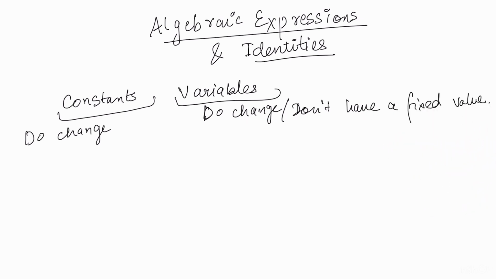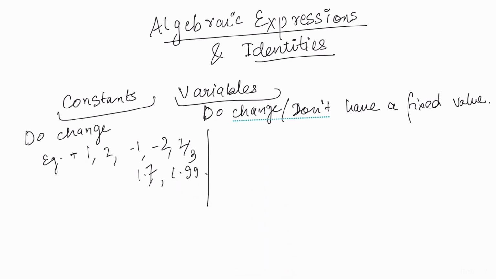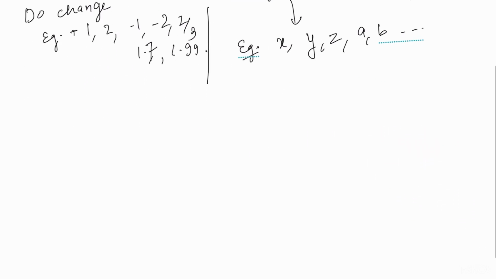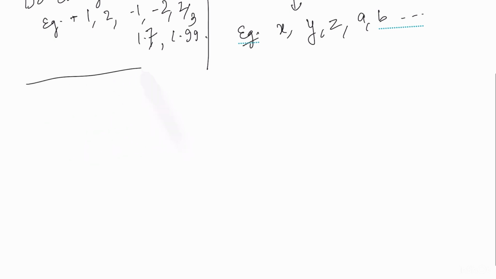Examples of constants are any number 1, 2, any negative integer, any fraction like 2 by 3, or any decimal. Its value is constant, it will not change. Variable examples are x, y, z, a, b, any variable you can take. Its value is going to change with the question.